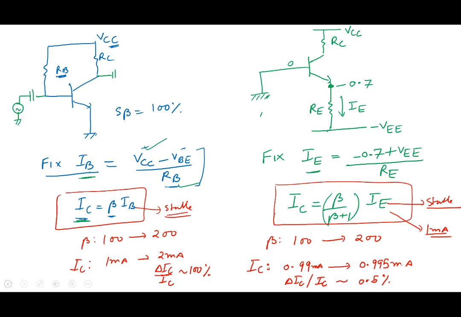Look at the two strategies. Let's divide it into two. In one case, IB is being fixed by the supply voltage and resistor, and IC is being derived from IB. And in this case, IC is very sensitive.